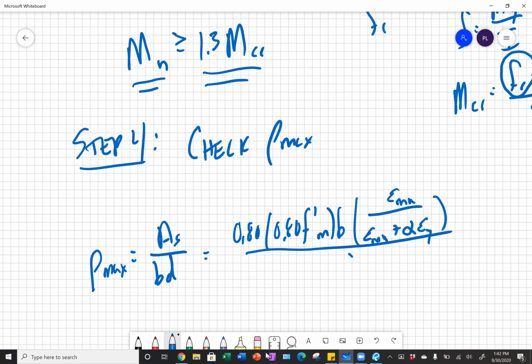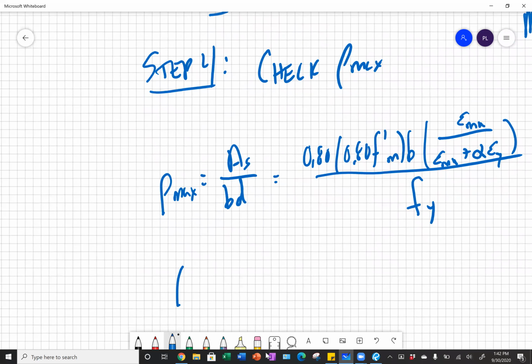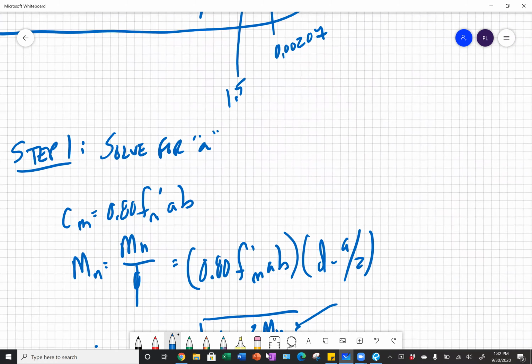And we divide that by Fy, our yield stress. And so our rho needs to be less than or equal to rho max to ensure that we have a ductile section. And so that is just a review of the flexural provisions in the TMS 402 document.